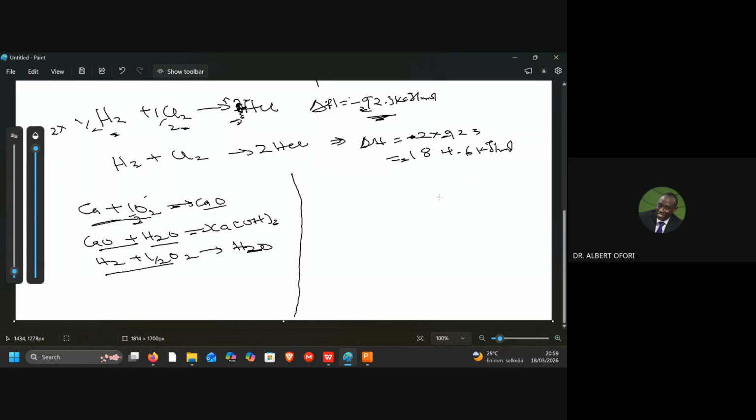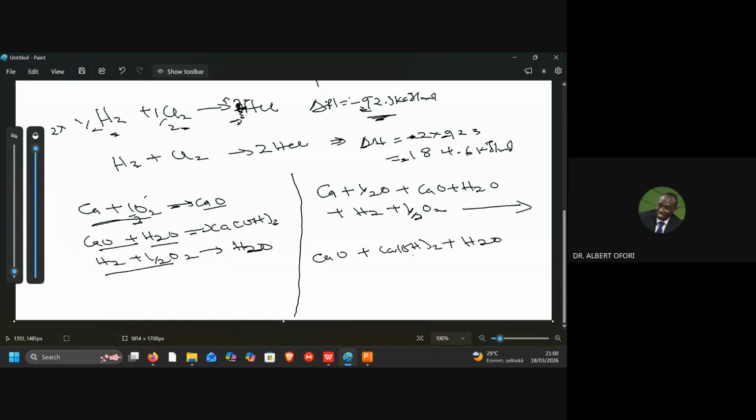So I will list all the reactants: calcium plus half of oxygen, plus calcium oxide plus water, plus hydrogen gas plus half of oxygen. Now, all of the products here: calcium oxide, plus calcium hydroxide, plus water.